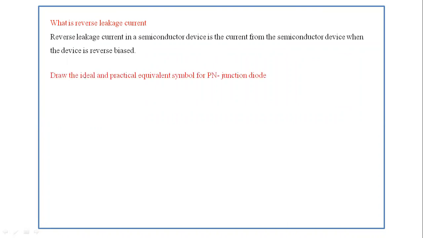Next, draw the ideal and practical equivalent symbols of the PN junction diode. If we take the ideal diode, this is the ideal diode. When it is in forward bias condition, that is, the positive terminal is given to the P type and the negative terminal is given to the N type, then the equivalent circuit will be drawn like this for the ideal diode.